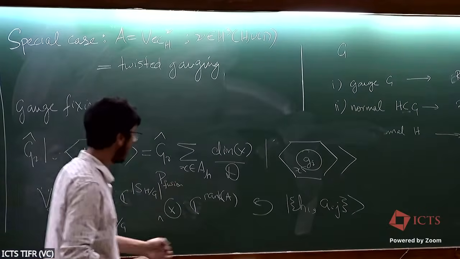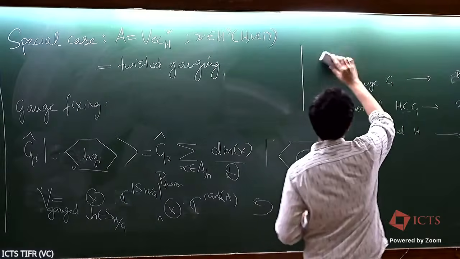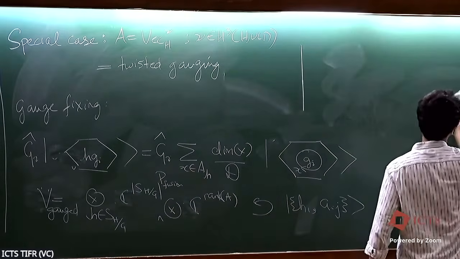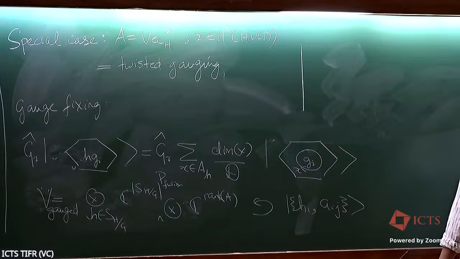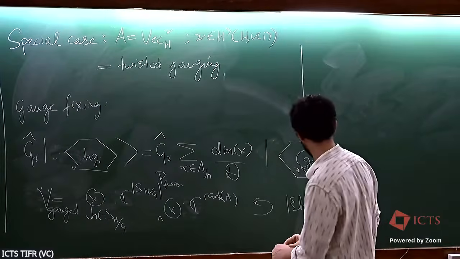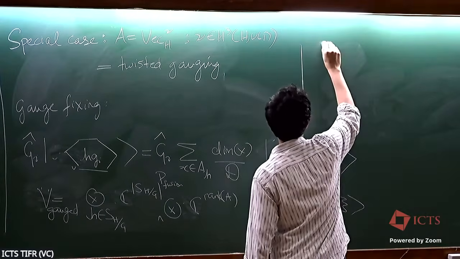And there's one remaining constraint which is not solved, which is this Levin-Wen plaquette constraint, which is further imposed on this state space.